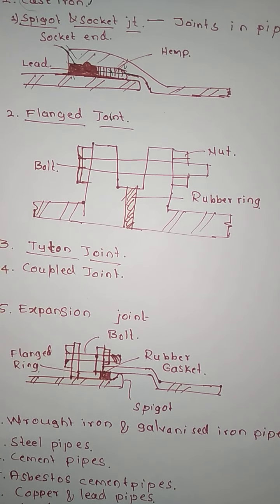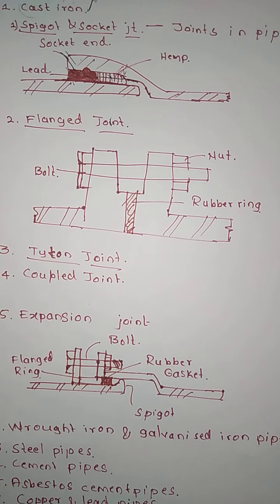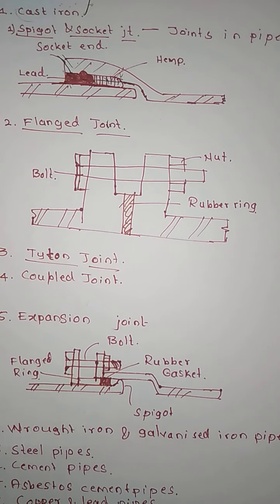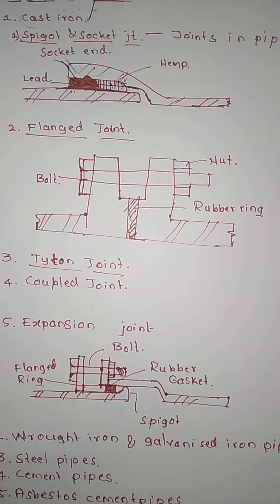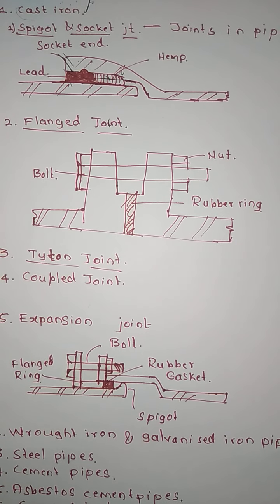The horizontally placed pipe is 100% stronger in tension, and 50% stronger in rupture than the vertically placed pipes.